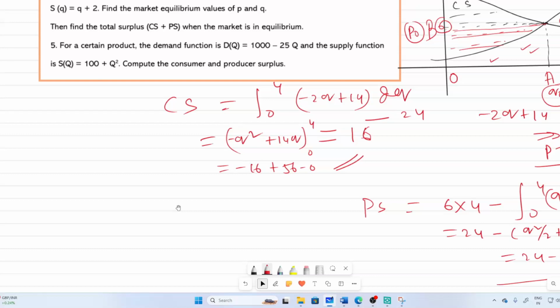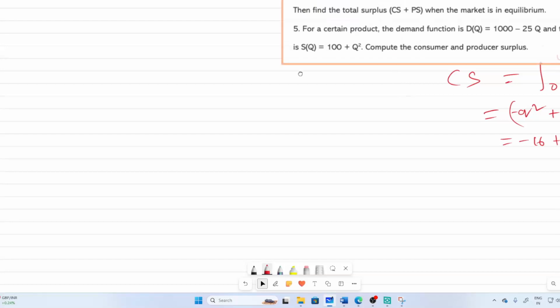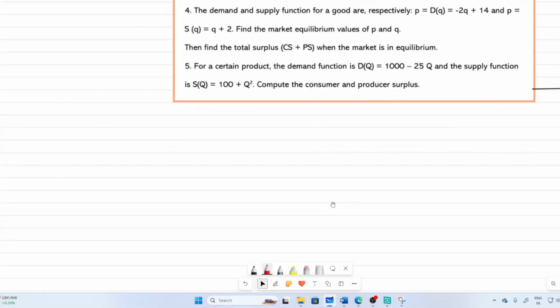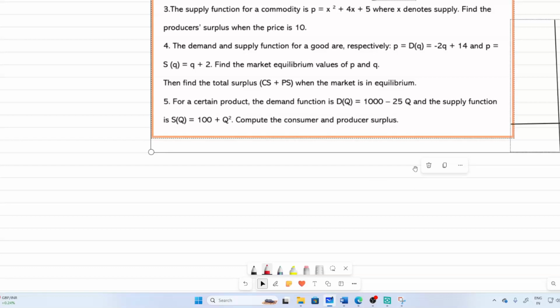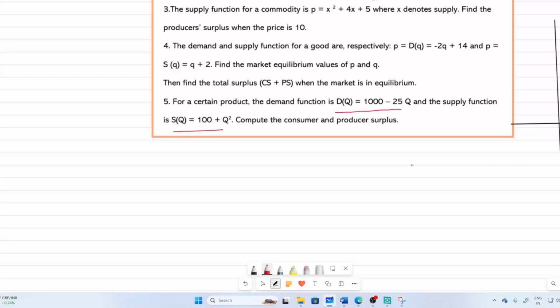The next one, that is number 5. I have taken number 5 because one quadratic function is there. But whatever, quadratic or linear, you find what is happening in equilibrium. This is the demand function, supply function, consumer and producer surplus. So for equilibrium you write DQ equal to SQ.